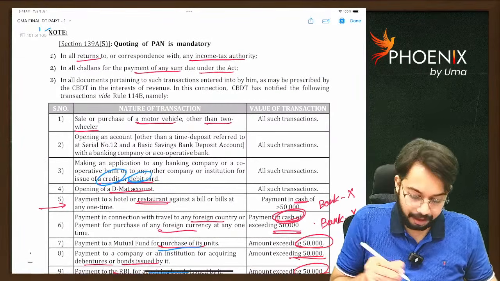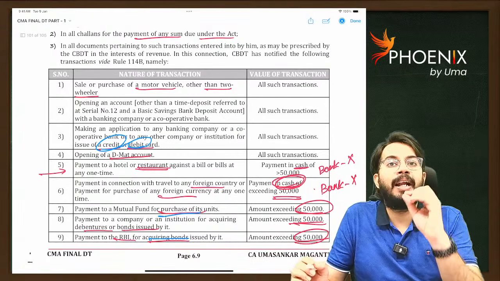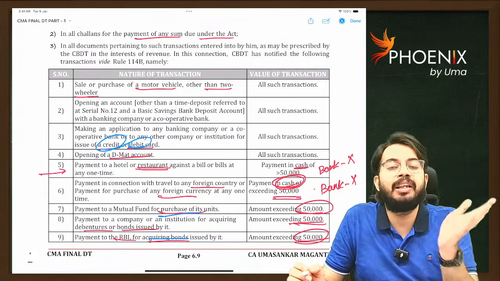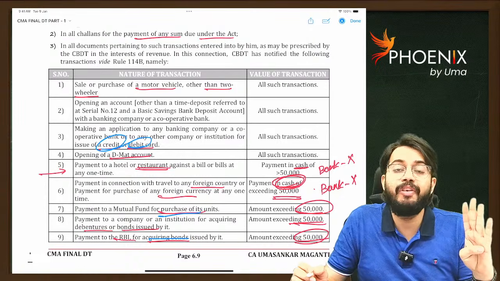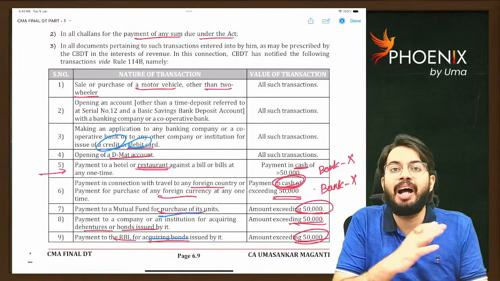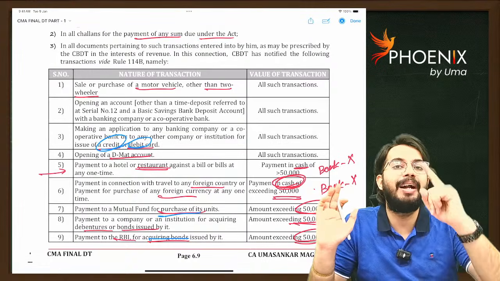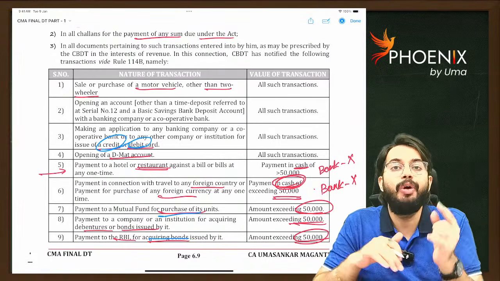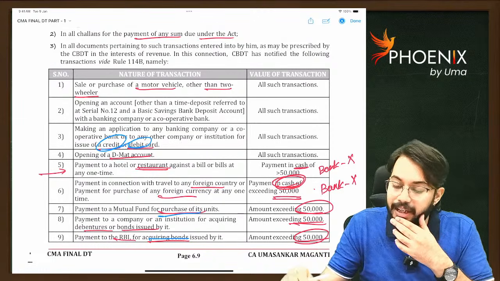When is it mandatory? If you are purchasing any motor vehicle other than a two-wheeler, that means auto, three-wheeler, four-wheeler, other than bike, any remaining motor vehicle, then you are mandatorily required to give PAN number. Only if you give PAN number, that vehicle will be sold, otherwise the vehicle will not be sold.